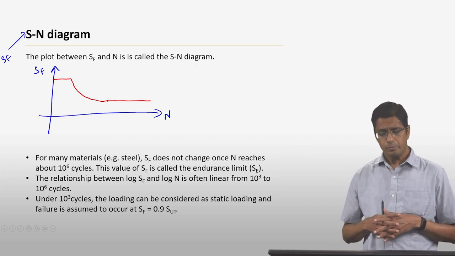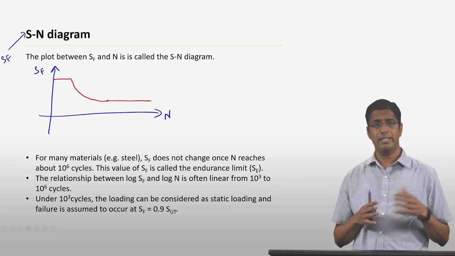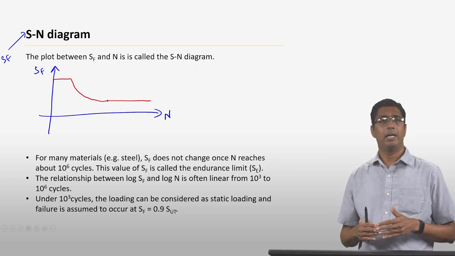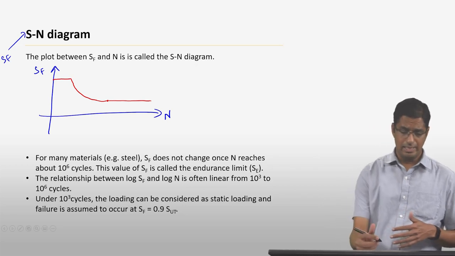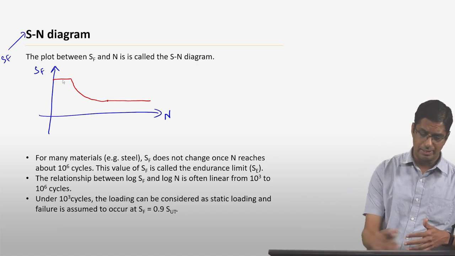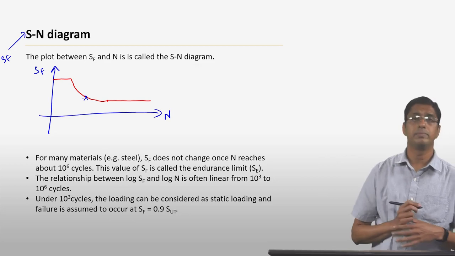Okay, so what does it essentially mean? If you want a material to survive a large number of cycles, then the stress that you have to apply has to be smaller.